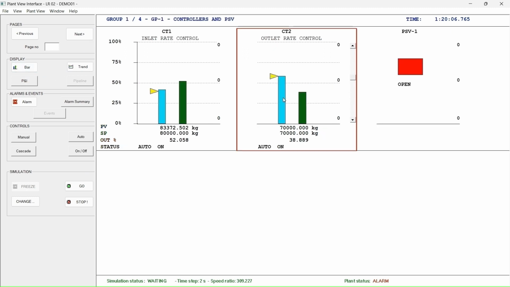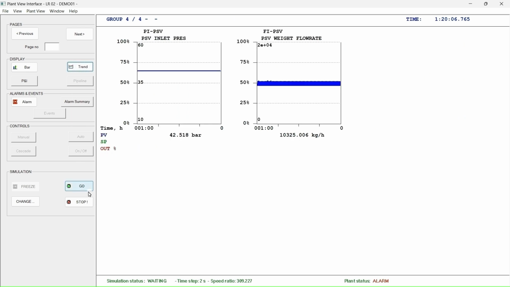Now, the set point of controller CT2 is reset to 80,000 kilograms per hour. With this change, the pressure safety valve closes.